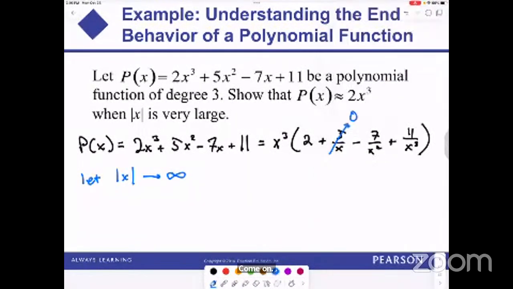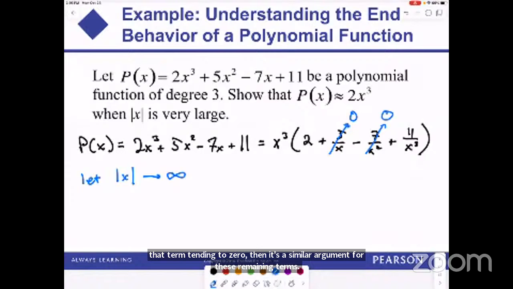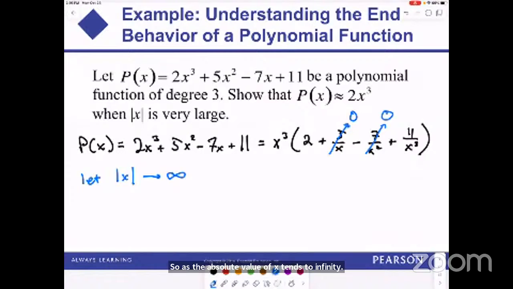Okay, sorry, we're back. If we can understand the concept behind that term tending to 0, then it's a similar argument for these remaining terms. As the absolute value of x tends to infinity, we have a fixed numerator over an ever expanding denominator.